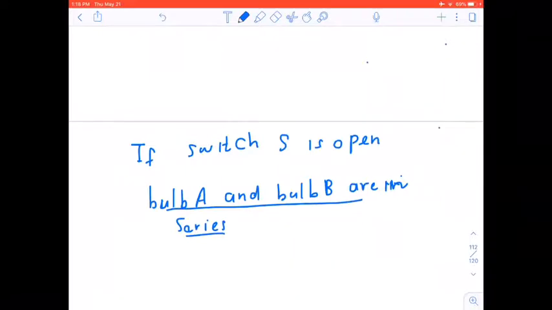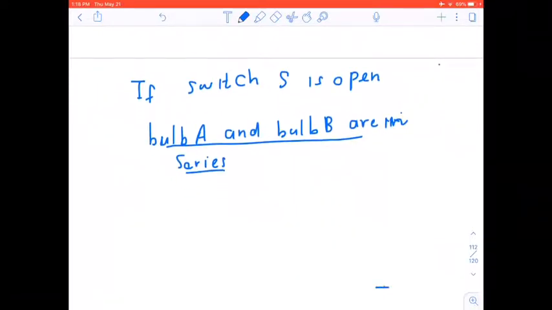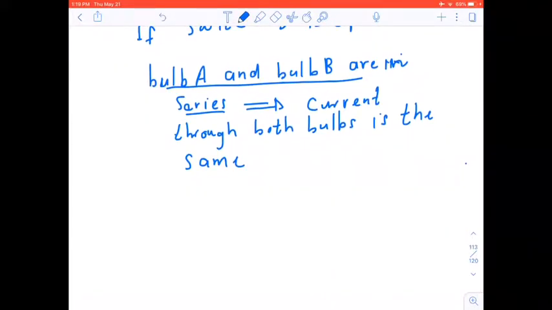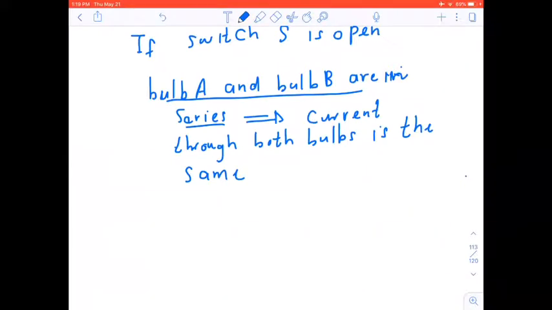Since they are in series, what does that imply? That implies the current through both bulbs is the same. Right, so if the current in both bulbs is the same, that would imply that the current in bulb A is equal to the current in bulb B.